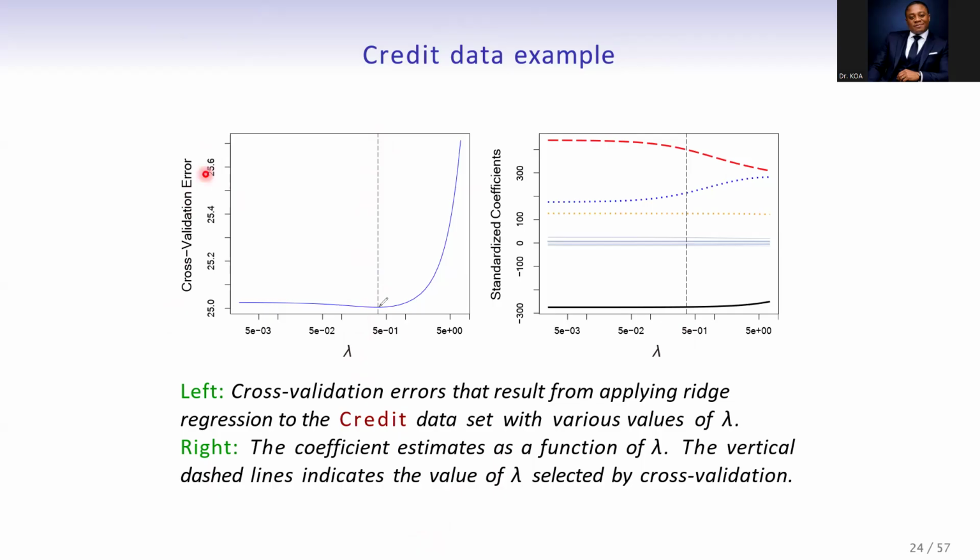So when you trace it to the left, it matches the low. This point here will tell you the proper lambda to use. So the lambda here is the winner because it is giving you the lowest cross-validation error. That's the point: the lowest cross-validation error.